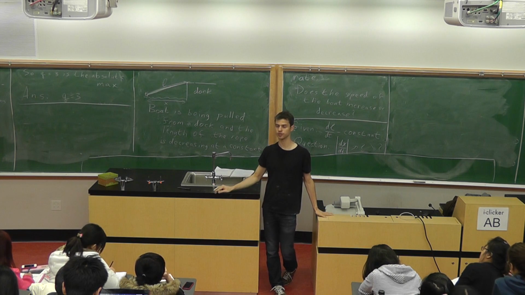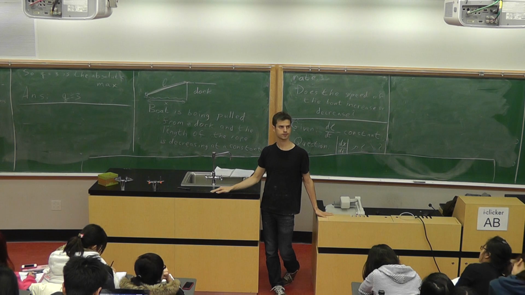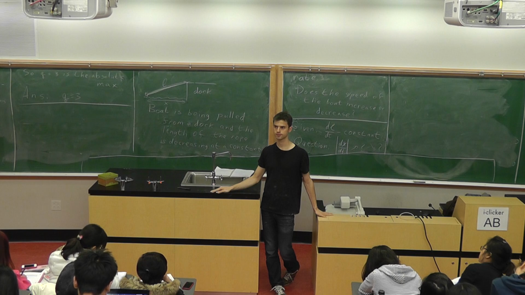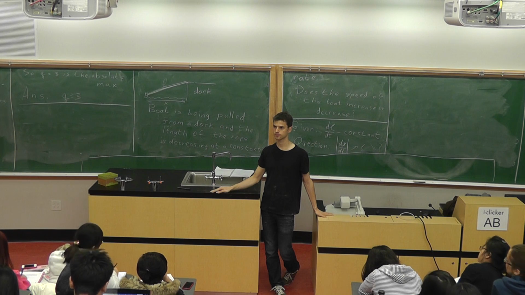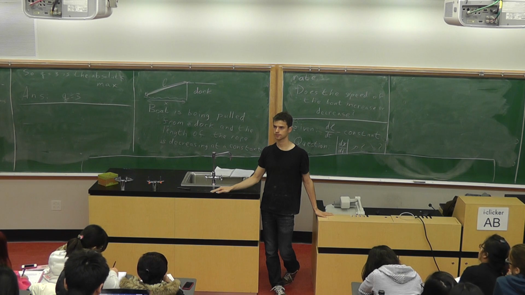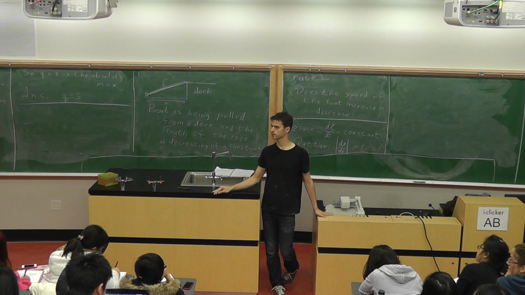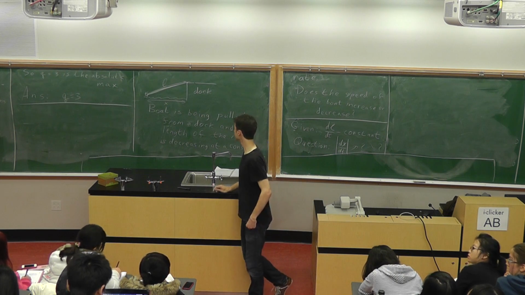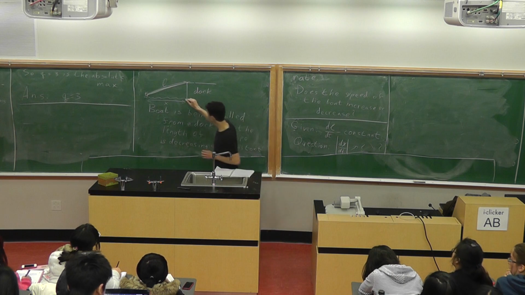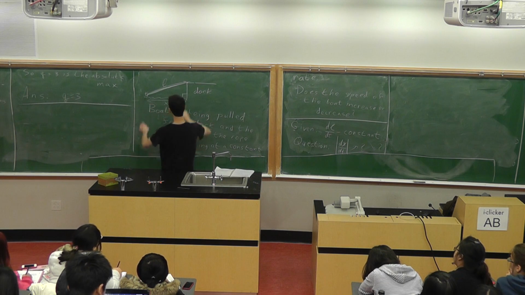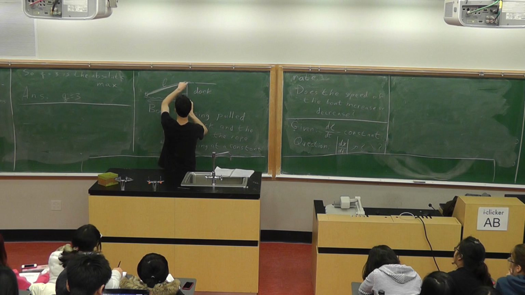How can we write down the relation? Right angle triangle, yes. So we can use Pythagoras' theorem. We know that this squared is this squared plus that squared.